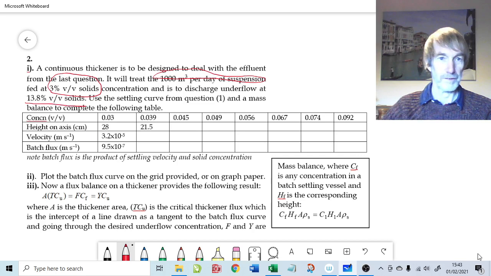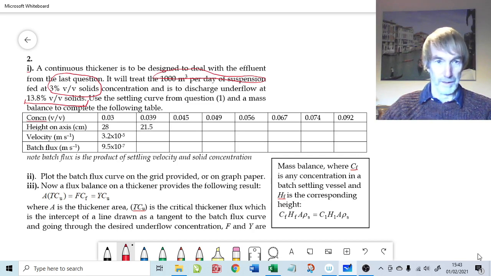This particular underflow concentration has been decided upon, and the reason behind that is you have to be able to pump it, so it can't be too concentrated, but at the same time you want it to be the highest concentration possible, because that takes some of the load off the next unit operation, which is invariably a filter, and you want to feed that with as high a concentration as possible, but you still want to be able to readily pump the slurry from the bottom of the thickener. And clearly tests have told us that 13.8% is the safest value to use.